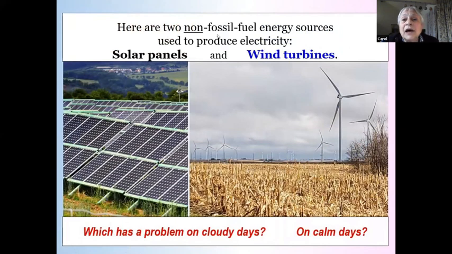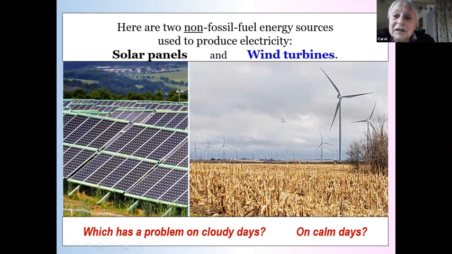There are some non-fossil fuel ways to produce electricity. Where I am in Kalamazoo, Western Michigan University uses a lot of solar panels, although on a cloudy day, they're not such a great idea because they need the sun.